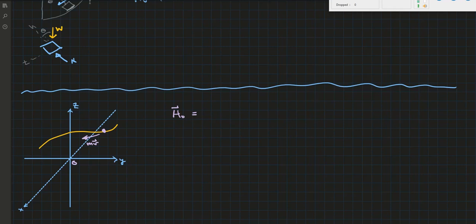So our angular momentum about O is going to equal some position vector, and we can take this line of action past this point here for our direction of our position vector r, and we can cross mv with it.